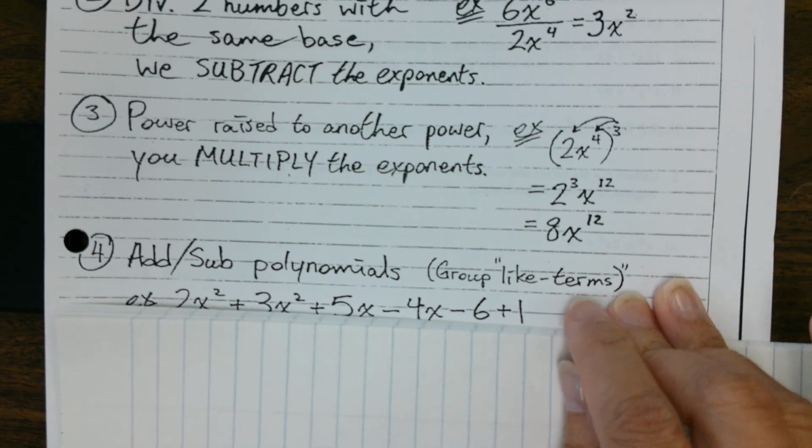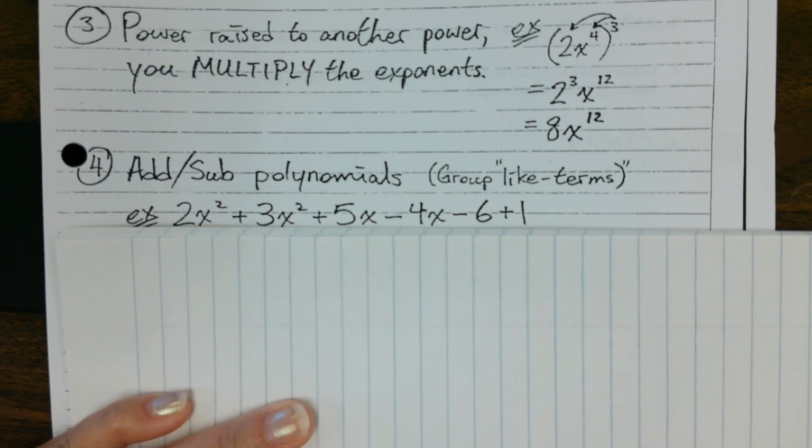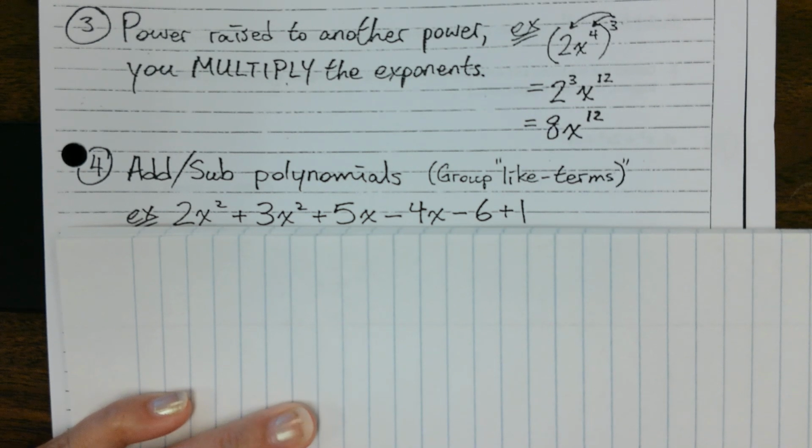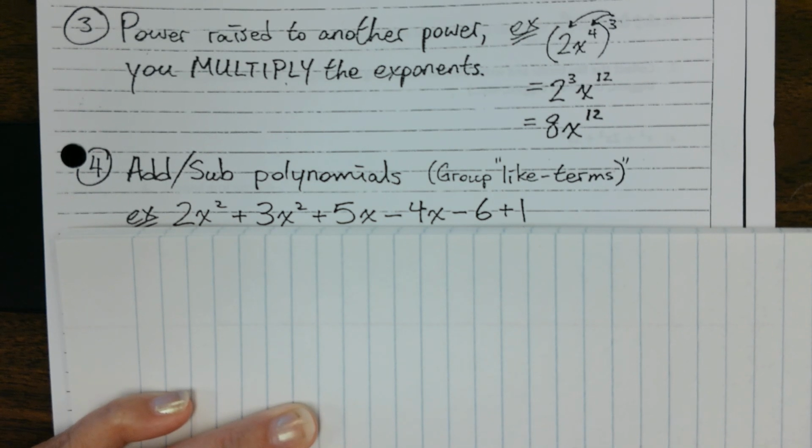So for example, right here, if I have 2x squared plus 3x squared plus 5x minus 4x minus 6 plus 1, how many different types of terms do I have here?